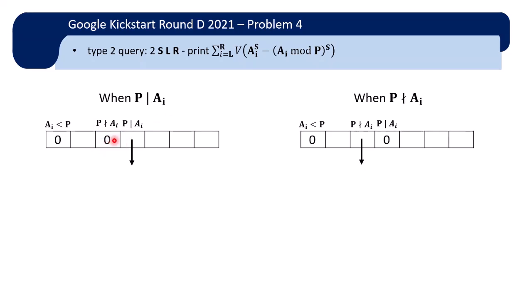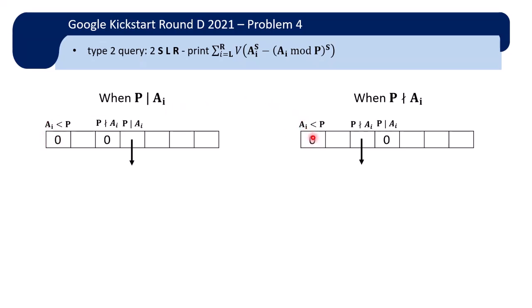Notice also that in the special case when the element is smaller than p, the AI and the AI mod p will be the same number, so the expression in the bracket is actually 0. So we are going to get v of 0, which is 0. So if AI is smaller than p, which is a third special case, I'm just going to set both of these values in the segment trees to be 0.